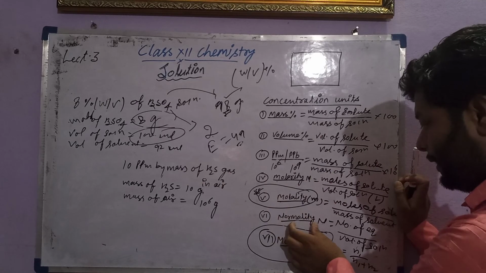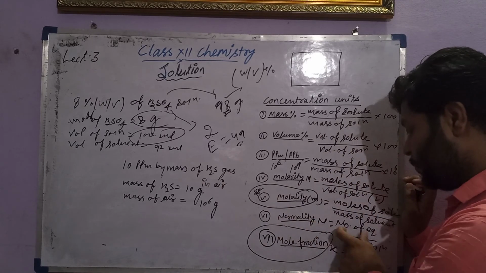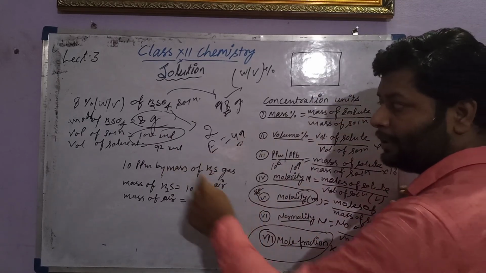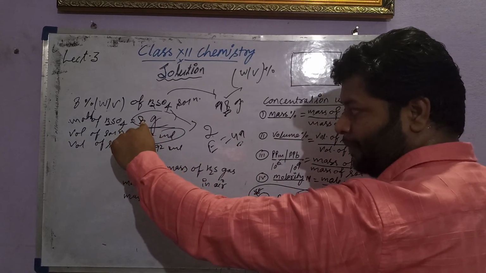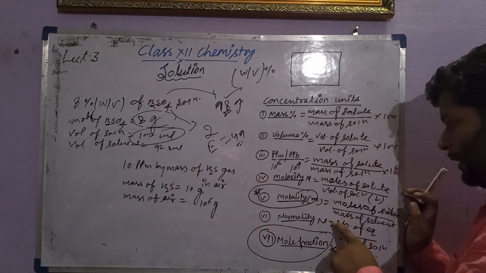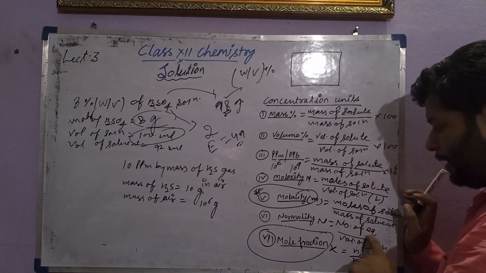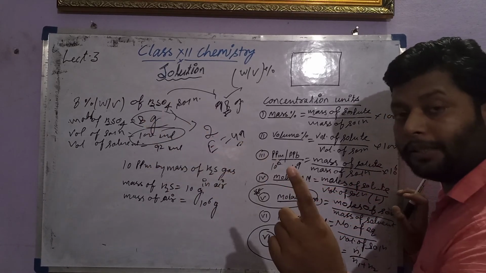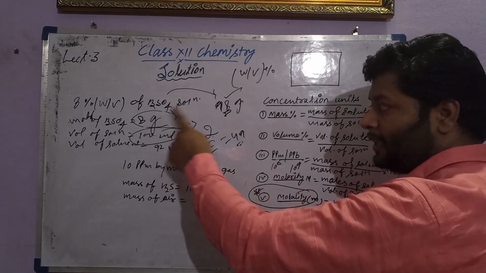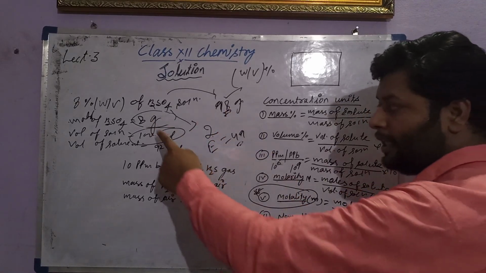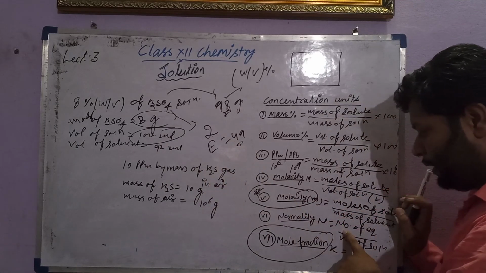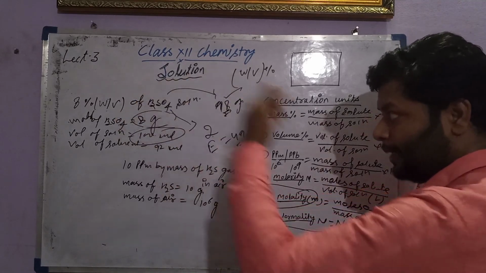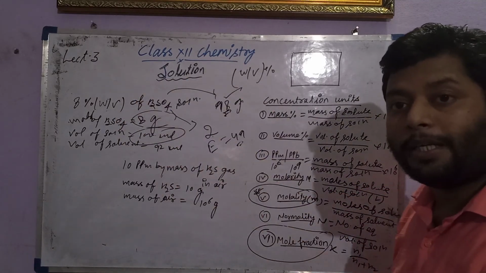To calculate normality, you can easily put in the value of equivalent mass. The given mass upon equivalent mass is the number of gram equivalents, just as the number of moles equals the given mass upon molar mass. And the volume of solution is already given, so you can use the same terms in the case of normality.